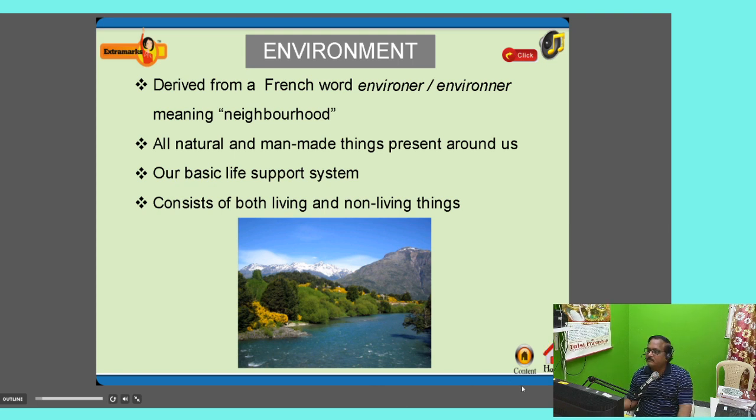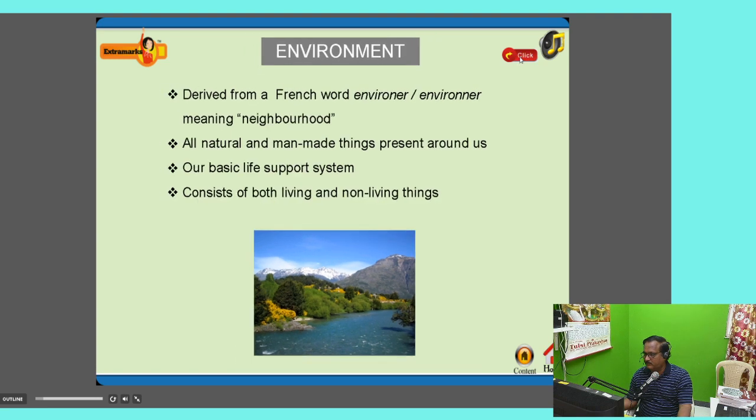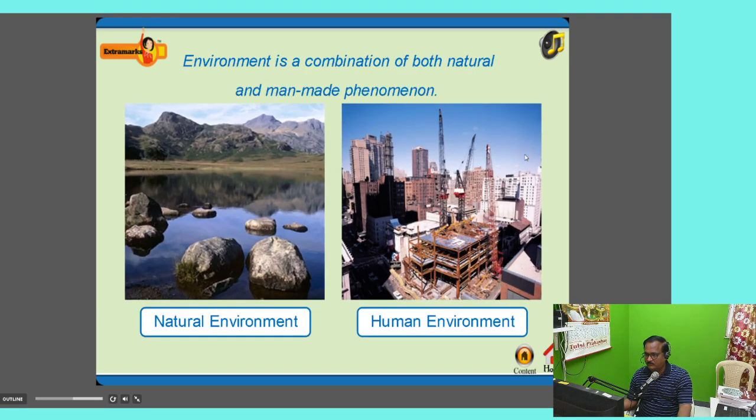It is a basic life support system and consists of both living and non-living things. Environment is a combination of both natural and man-made phenomenon.